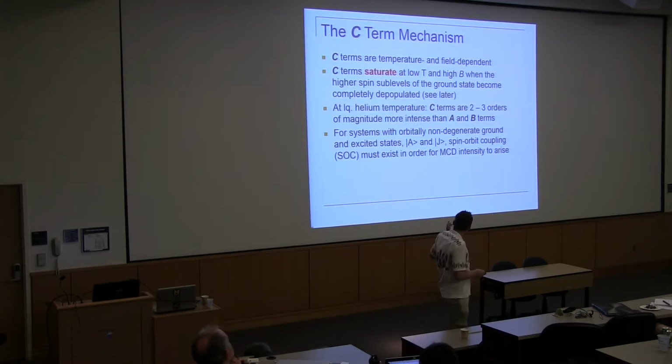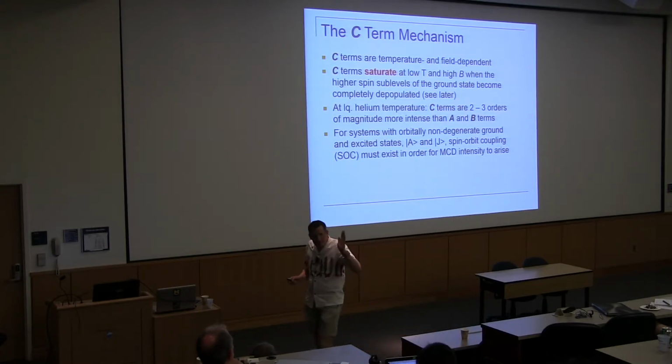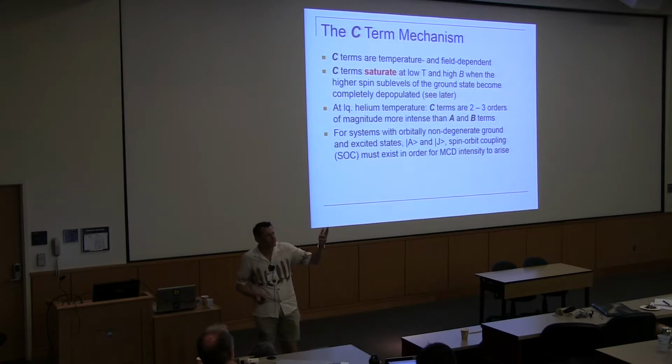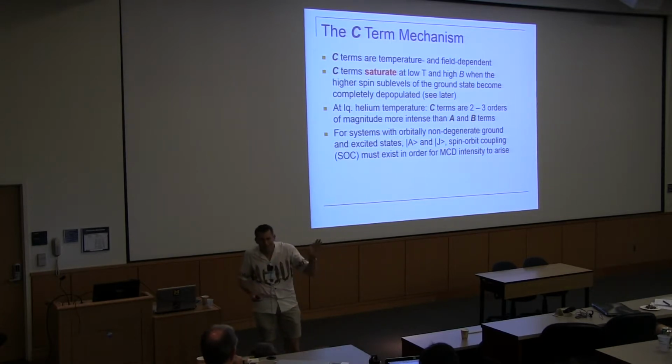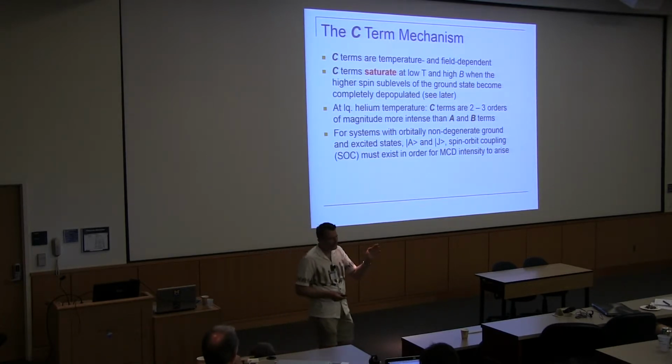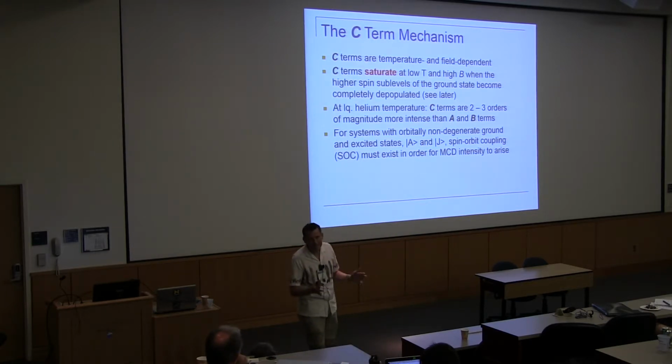But if we have a non-degenerate ground state and a non-degenerate excited state, we have a transition in one direction. During this electric dipole transition, electric charge is shifted in one direction in space. That gives us the direction of our polarization, and that's it. So we're one-dimensional. But in order to get MCD intensity, we need another direction. So how can we get this other direction?